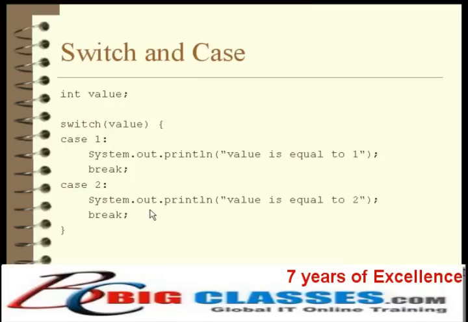If the value is something other than 1 or 2, the entire block of code inside the switch statement is just skipped. Notice the break statement. This causes the program to jump outside of the switch statement. It's very important inside a switch statement that you insert a break statement at the end of each case, because if you don't, execution will drop right through to the next case, and that may not be what you want it to do.